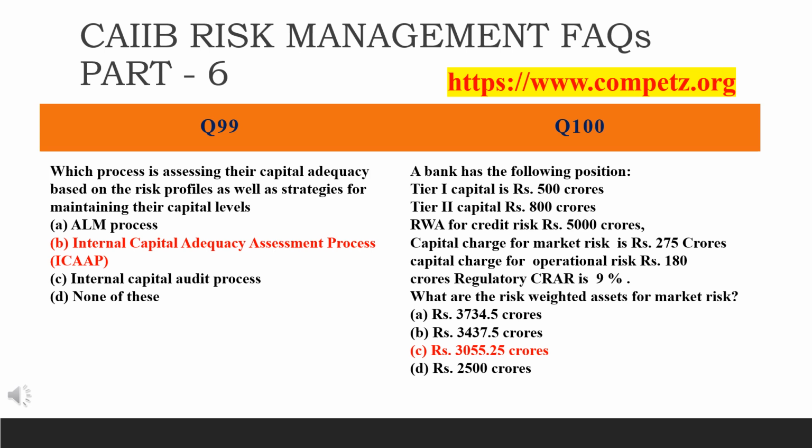Now this is our last slide for this video. This is our question number 99. Read the question and listen carefully. Which process is assessing their capital adequacy based on their risk profiles as well as strategies for maintaining their capital levels? They are asking us the process.